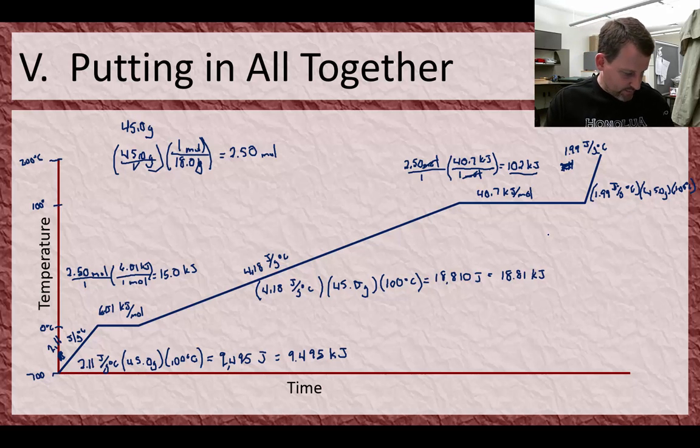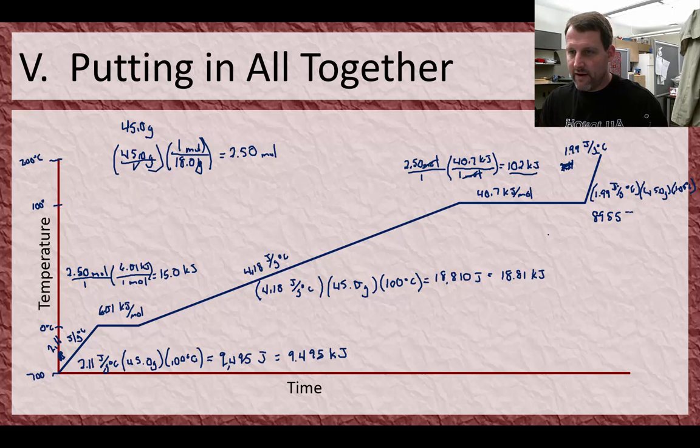And we take 1.99 times 45 times 100, we end up with 8,955 joules, because the degrees Celsius and the grams canceled. Now I'm going to switch that to kilojoules and say that's 8.955 kilojoules.